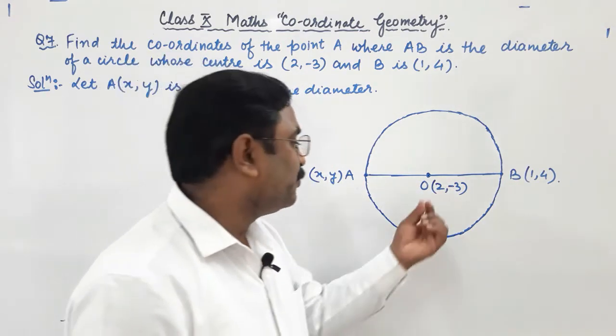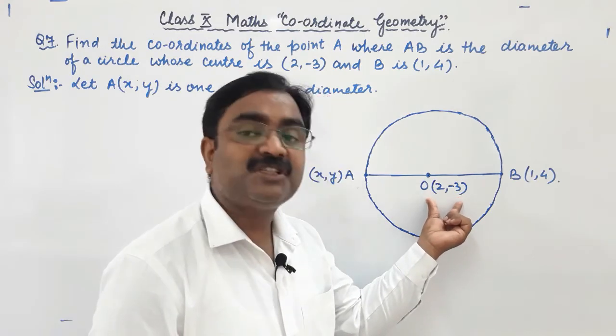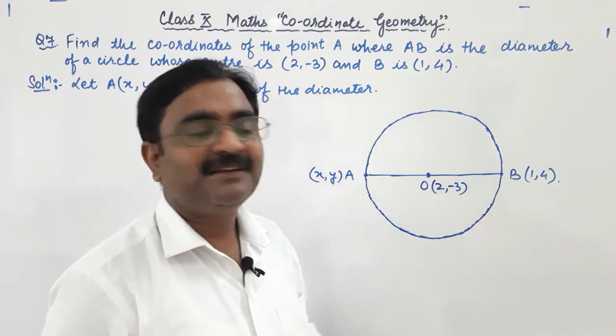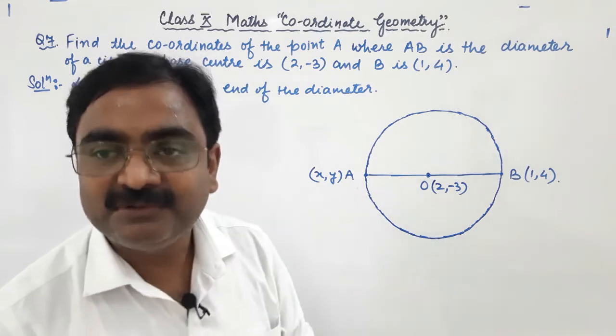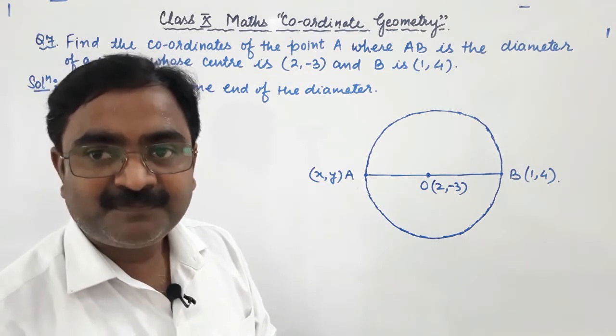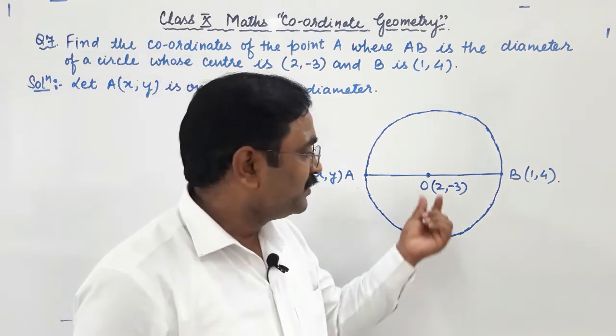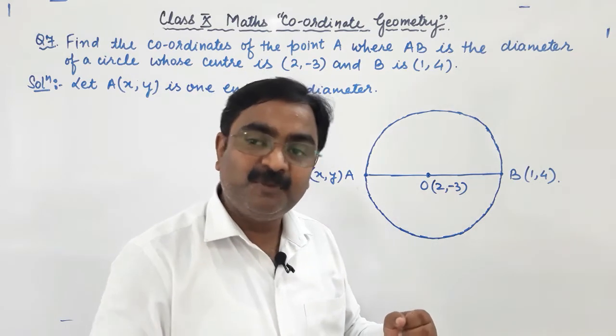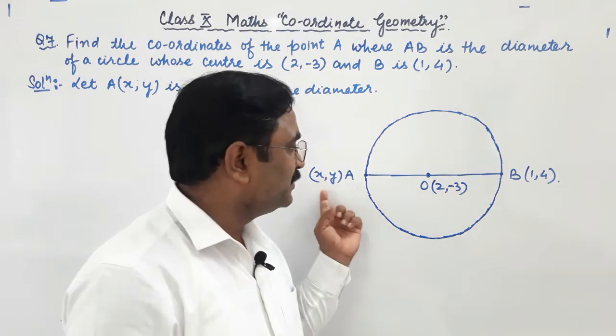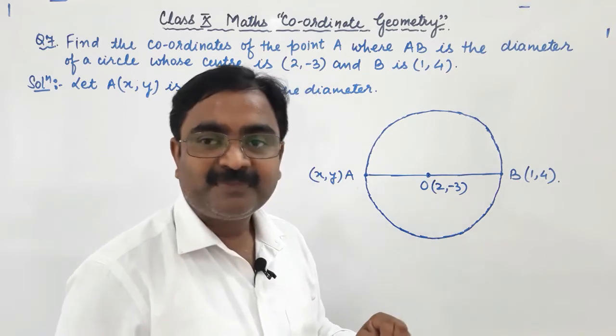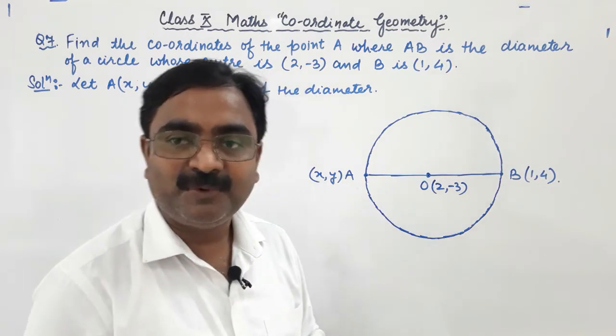Now, the coordinates of the center, which means the midpoint, are given here. So, first we need to find this point. Right? So, as you know, the midpoint equals x1 plus x2 upon 2 and y1 plus y2 upon 2.